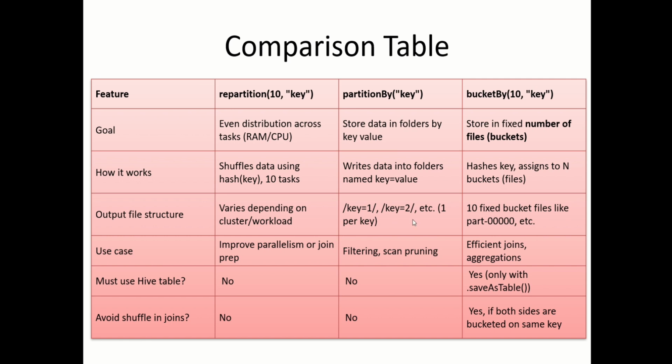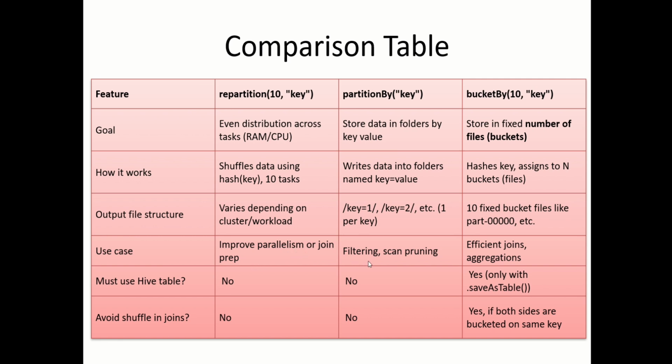Here in partitionBy the output file structure will be column name equals value, like department equals HR, department equals IT, or department equals finance. In bucketBy, we get 10 fixed bucket files, like part 0, part 1, part 2, part 3, and so on. Use case: improve parallelism or join preparation.